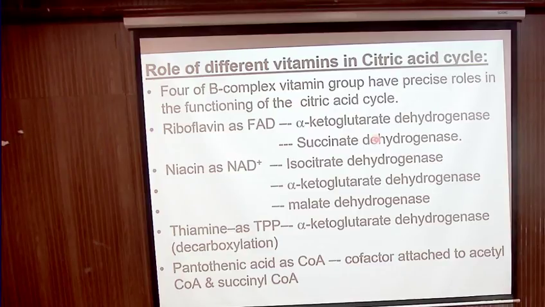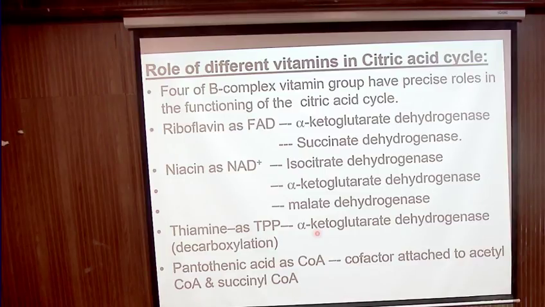Riboflavin, as FAD, has a role with both alpha ketoglutarate dehydrogenase and succinate dehydrogenase. Niacin, as NAD, acts with isocitrate dehydrogenase, alpha ketoglutarate dehydrogenase, and malate dehydrogenase.